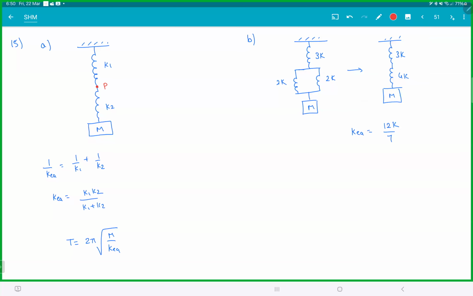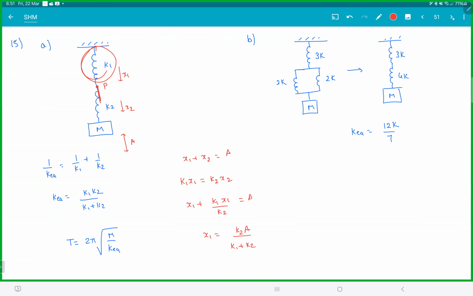Now, if you look at this motion, if you're saying this block goes with amplitude A, let's say this guy goes x1 and this guy goes x2. We know x1 plus x2 is A, letting the upper spring stretch by x1 and the second spring by x2. Because both are in series, k1 x1 should be equal to k2 x2. The spring force will be the same here. Point P is a massless thing. So substituting, x1 plus k1 x1 by k2 is equal to A. So x1 will be k2 A by k1 plus k2. Whatever the upper spring stretches, isn't that the same distance P will move?